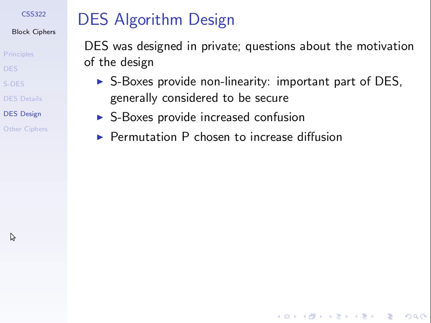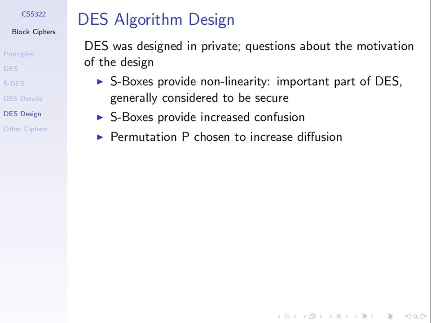DES was designed by IBM many years ago with input from security agencies in the US, and the design was considered private. That is, only the people at IBM and the security agencies knew about how it was designed. They made the decisions of using those particular S-boxes, using the initial permutation and so on.